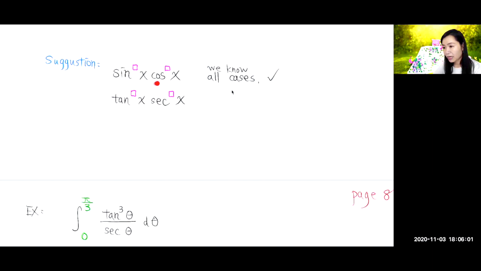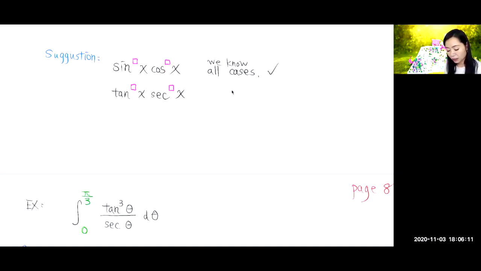But since we know every case for sine x to some power times cosine x to some power, we would like to suggest to change this. So we're going to relate this to sine and cosine. We know tangent is equal to sine of x over cosine of x, and we know secant of x is the reciprocal of cosine of x.